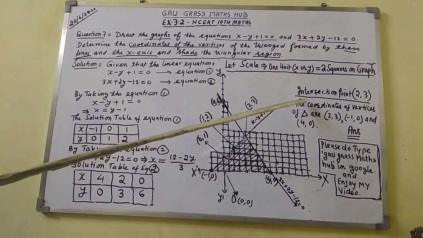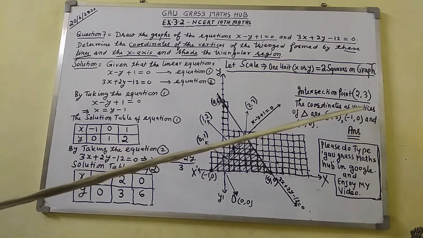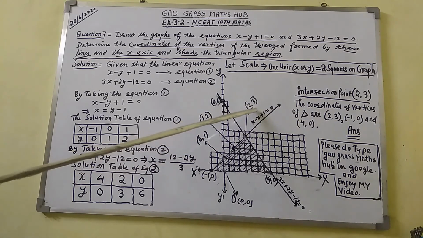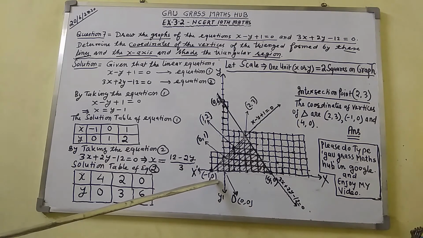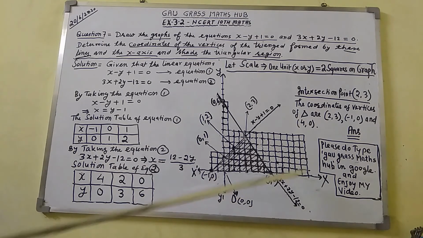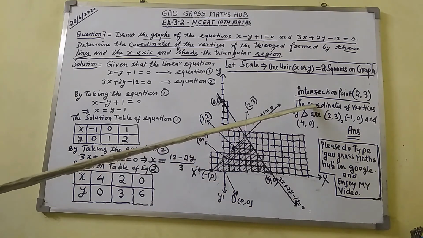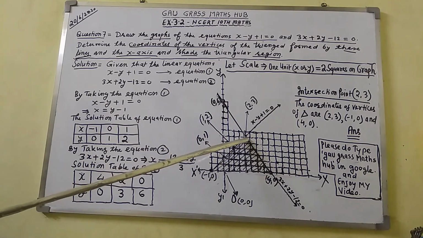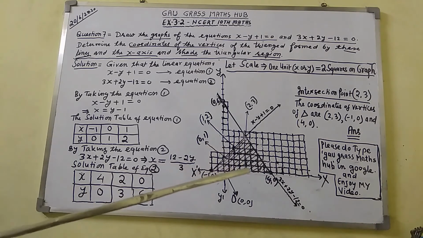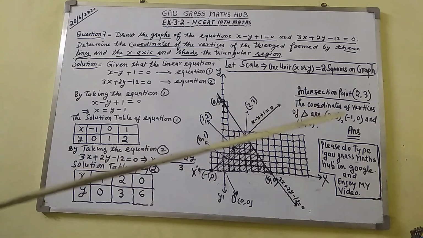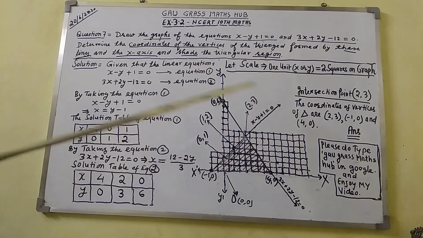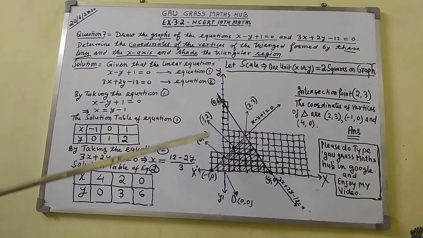Now come to the conclusion. The coordinates of the vertices of the triangle are 2, 3, minus 1, 0, and 4, 0. This will be the answer to this question. The intersection point will be 2, 3 and the vertices will be this one, this one, this one. This will be the correct solution of this type of graphical presentation of this question.